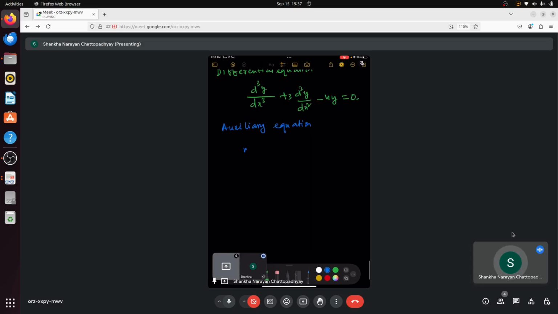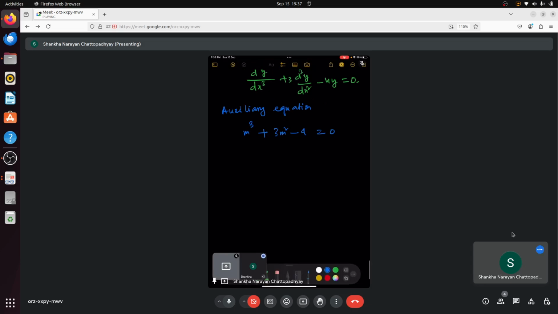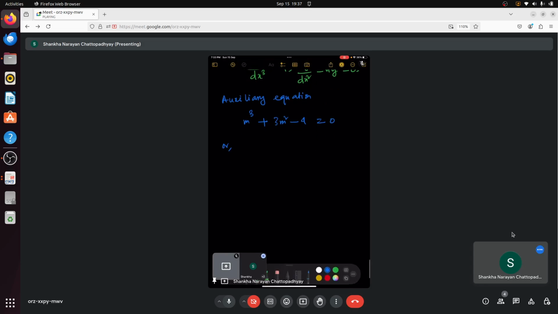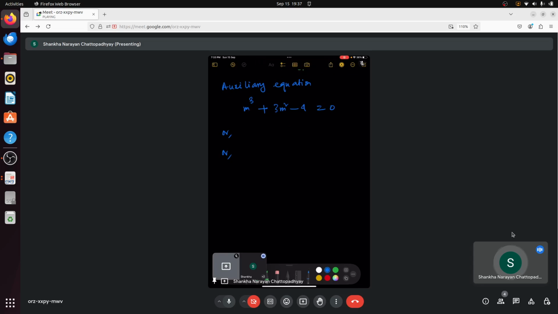So what will be your auxiliary equation? m cube plus 3m square minus 4 equals 0. You need to factorize, so that you can write it as m minus 1 and m square.